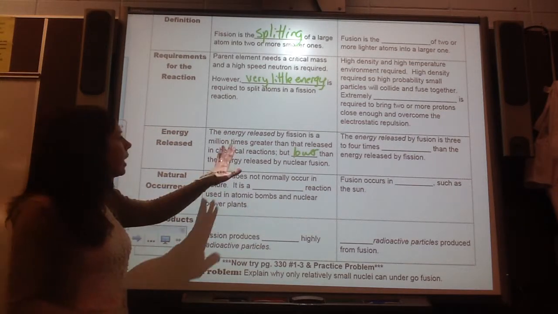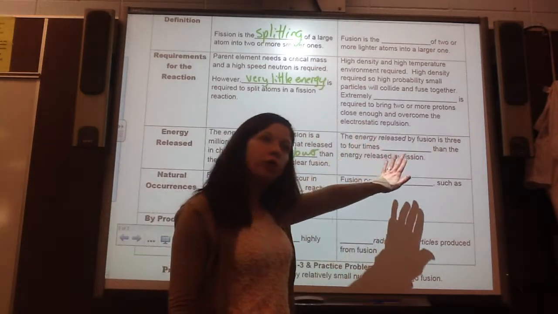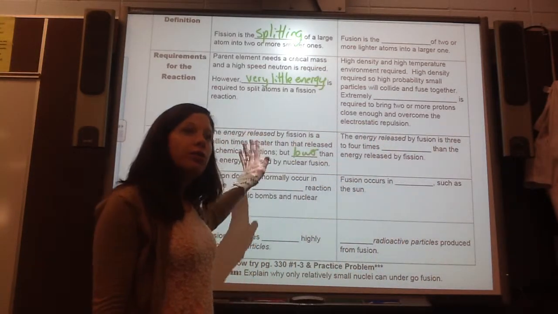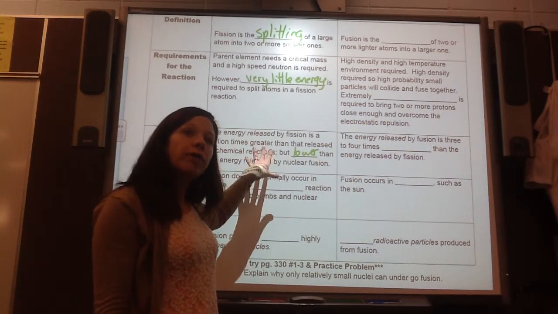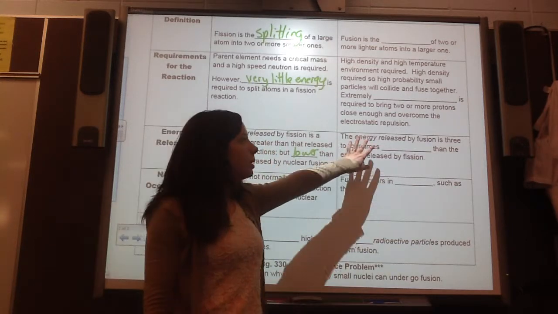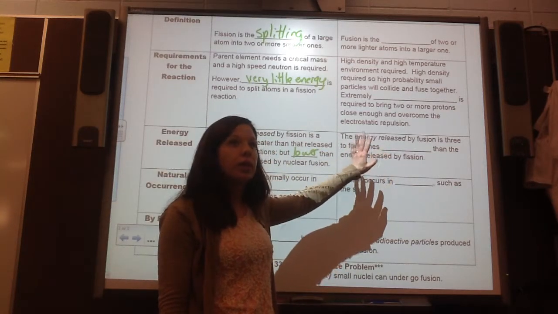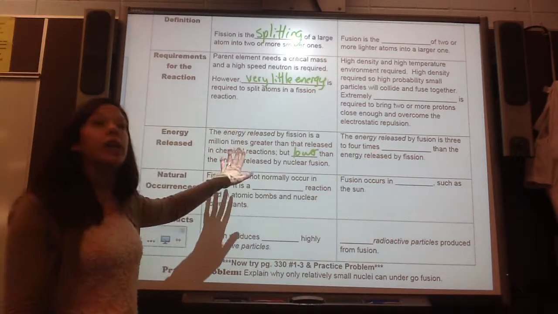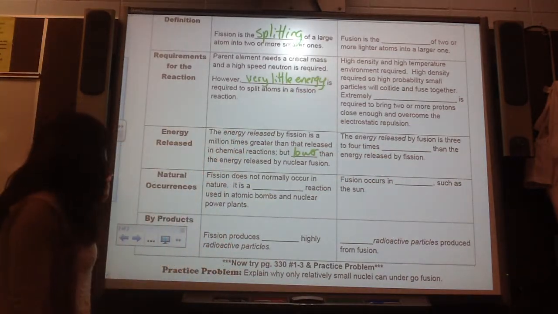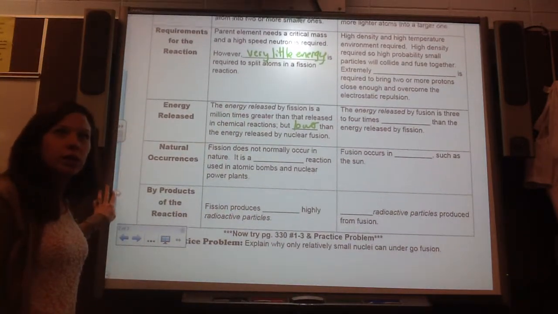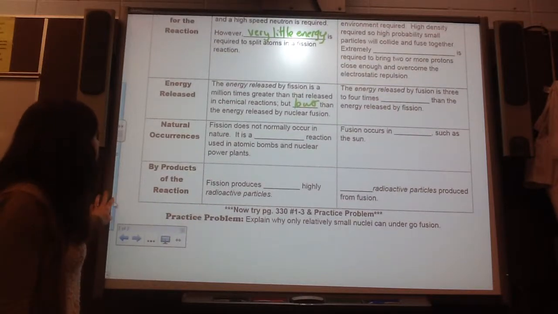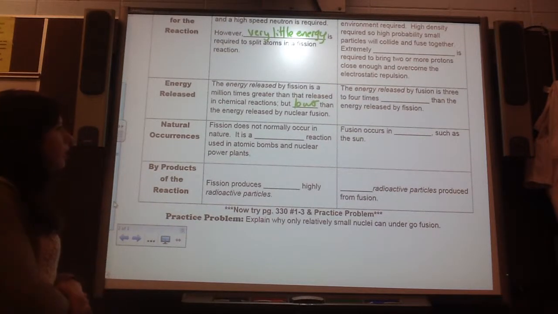So if we compare fission to fusion, fission is still a lower amount of energy than fusion is. This is going to be even bigger. So it's going to be like, this is the sun. This is like a nuclear bomb. Okay? So when you think about it that way, it's like, wow, the sun is really, there's lots of crazy stuff going on there.